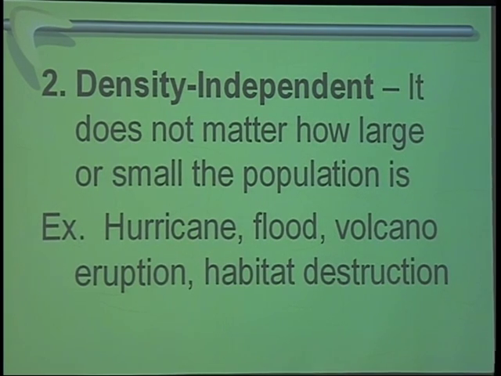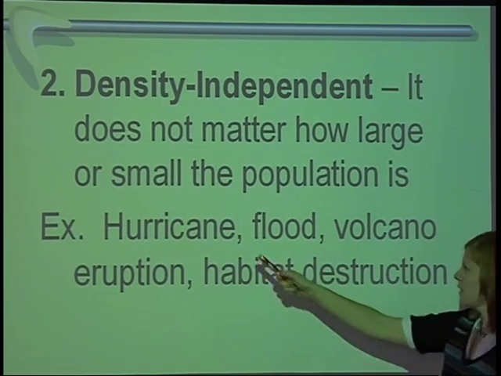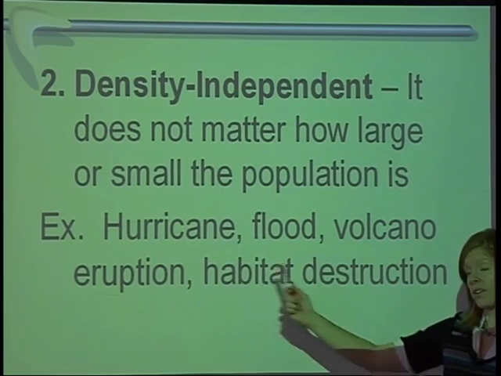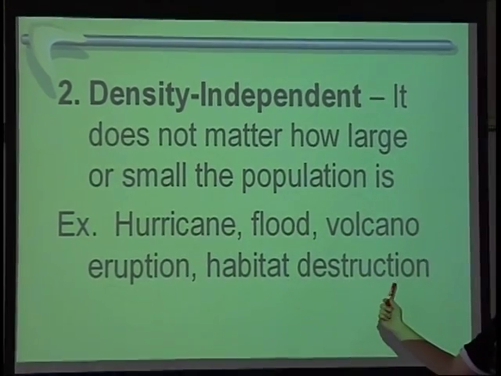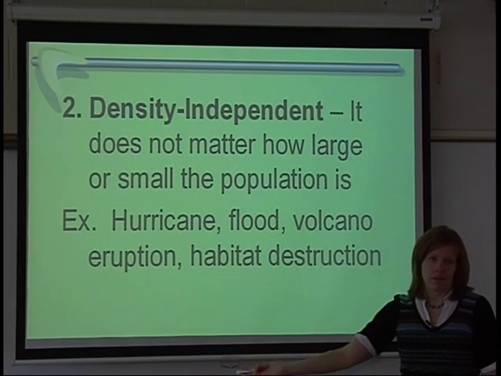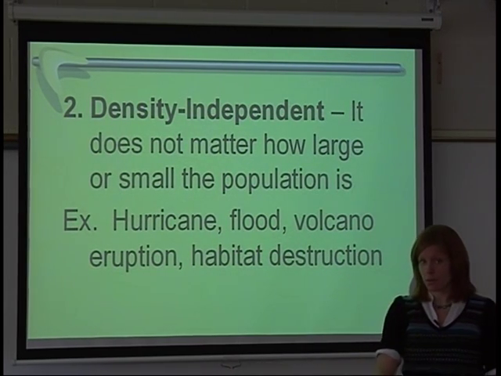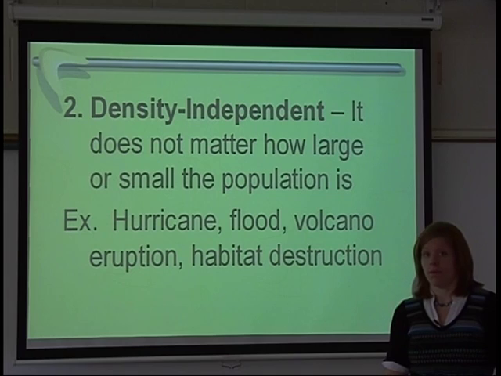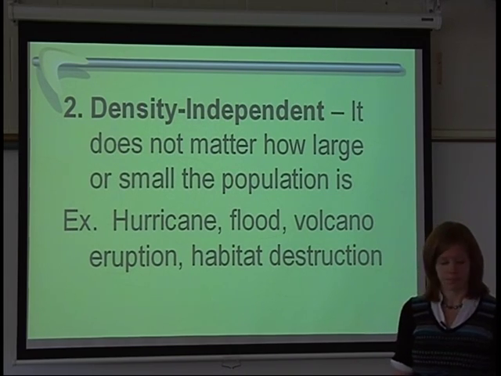It doesn't care. They affect how many organisms can survive, but it doesn't matter how many there are. A lot of these are natural disasters or habitat destruction. If we clear out a forest to build a shopping mall, it doesn't matter if there are 50 squirrels that live there or 500, and we've taken away all of their habitat.